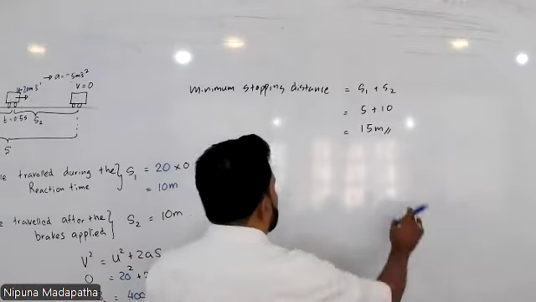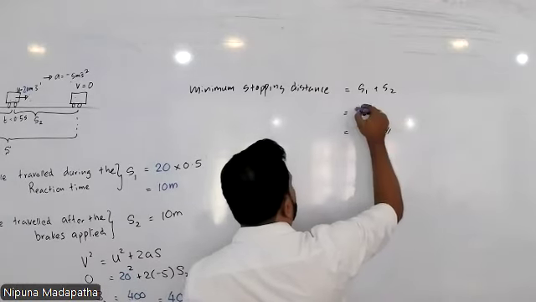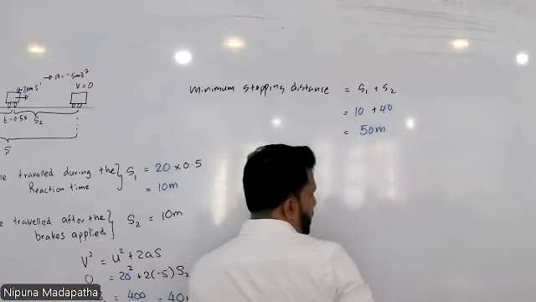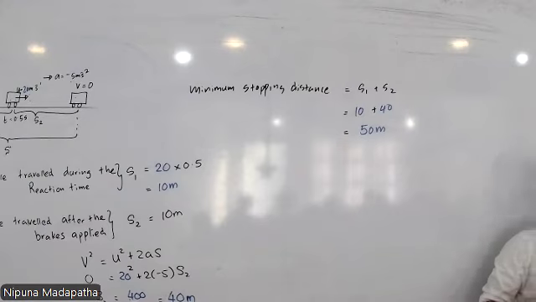Right. The sum of the two displacements, 10 and 40, which is 50 meters. The only change is the velocity, the initial velocity has increased.